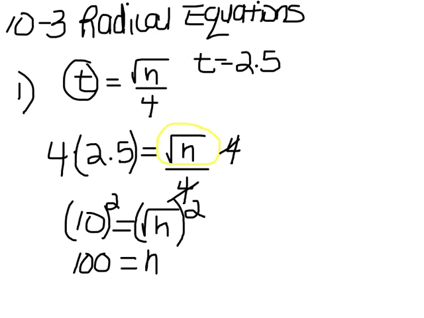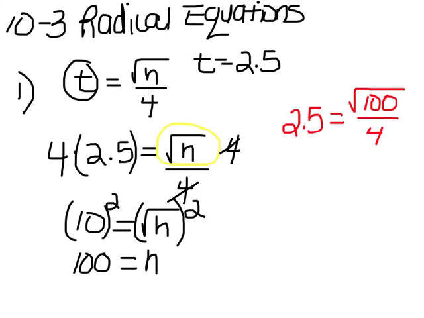Well, you should always be plugging your answers back into your equation to make sure that it works. So 2.5, actually let's do this in another color to check our work. 2.5 equals the square root of 100 over 4.